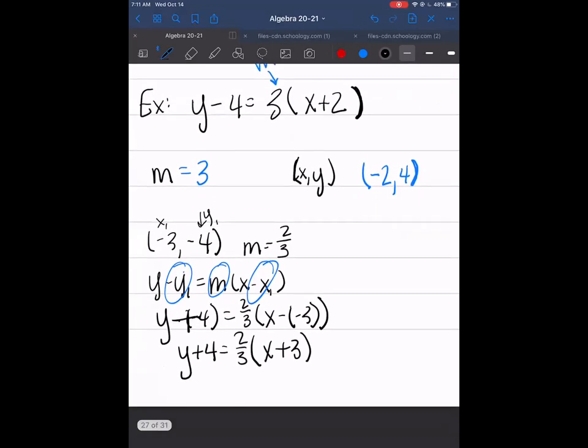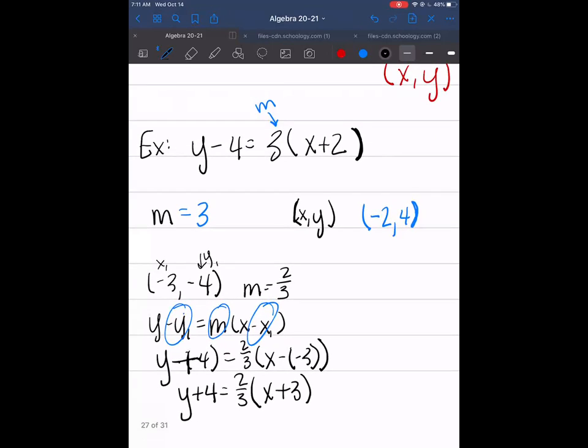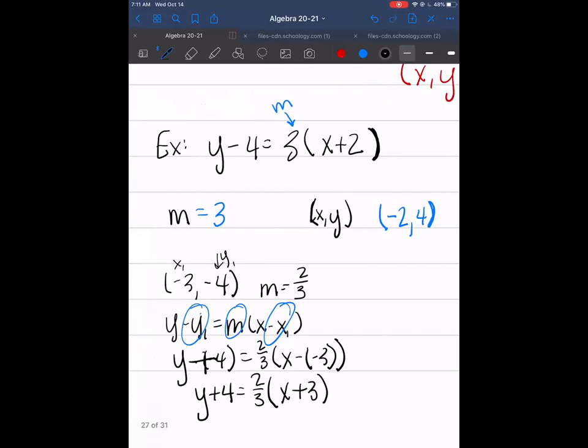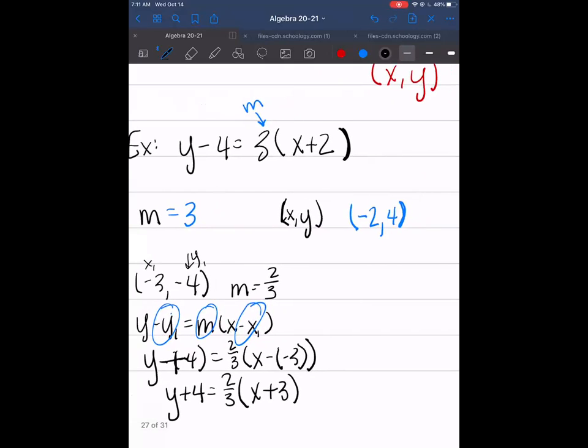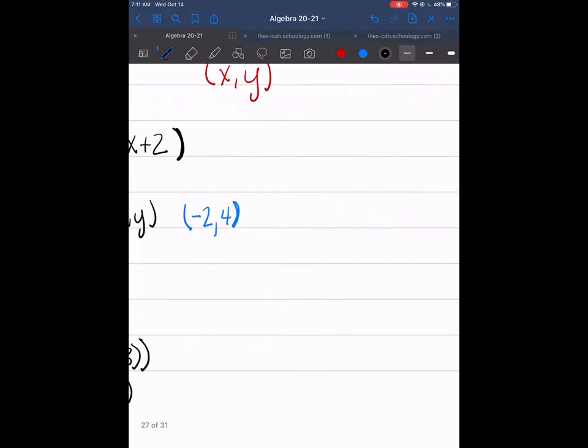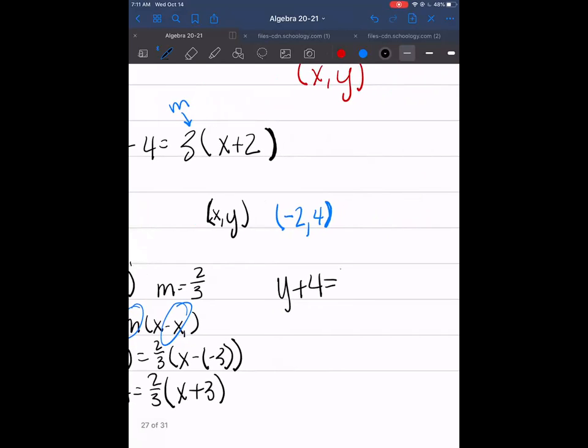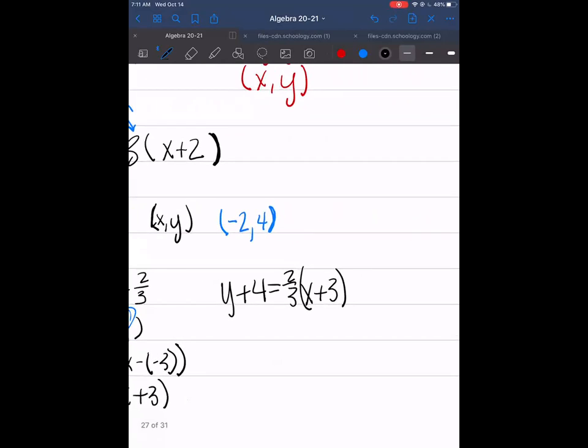If I want to turn that into slope intercept form, I'm going to do a couple steps to solve the equation for y. So I'm going to rewrite it over here: y plus 4 equals 2/3 times x plus 3. First thing I would do is distribute my slope.